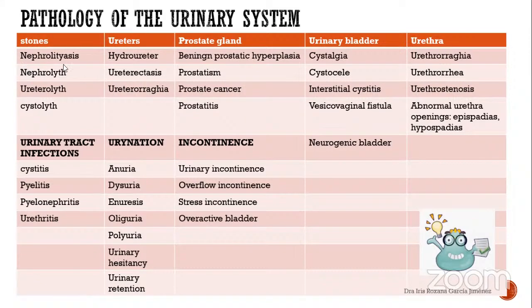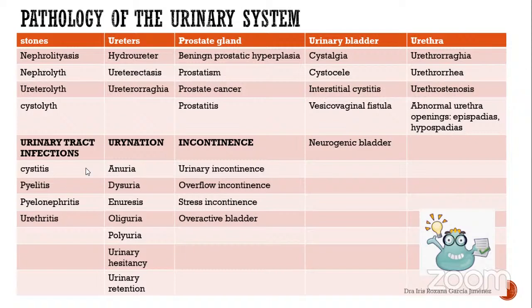We have stones, nephrolithiasis, nephrolith, ureterolith, cystolith, ureters, hydroureter, ureterectasis, ureterorrhagia, prostate gland, benign prostate hyperplasia, prostatism, prostate cancer, prostatitis, urinary bladder, cystalgia, cystocele, interstitial cystitis, vesicovaginal fistula, neurogenic bladder, urethra, ureterorrhagia, ureteruria, ureterostenosis, abnormal urethral opening, I mean epispadias or hypospadias.